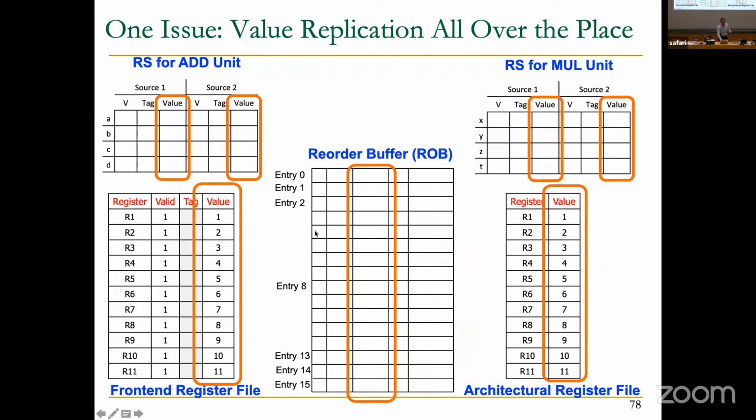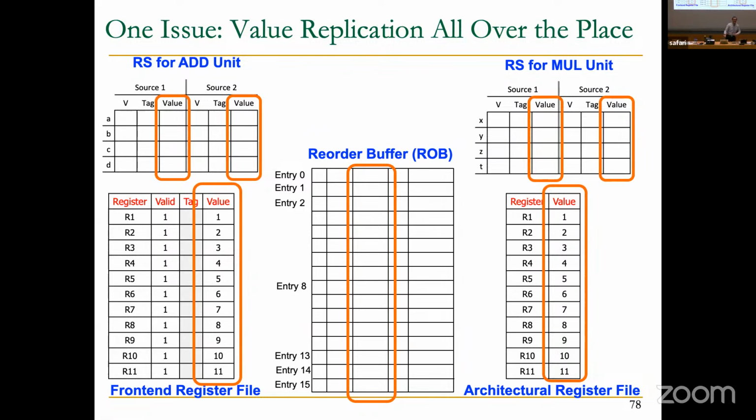So if the sizes of these structures are relatively large, this value replication can be huge, actually. So imagine reorder buffers on the order of 1,000, let's say. Today, we're marching towards there. Imagine reservation stations on the order of 1,000 also. So 2,000 times 64-bit values. 64-bit values are actually quite large. So there's actually a huge amount of value replication.